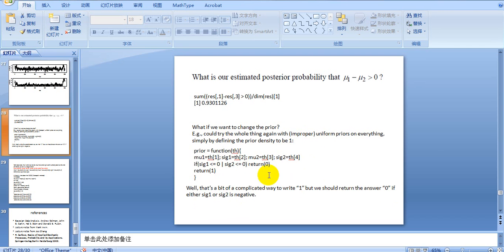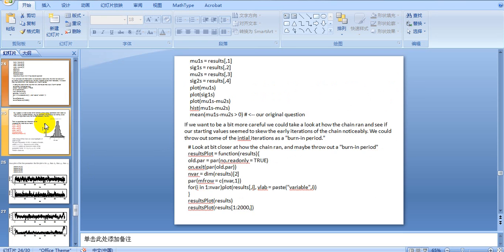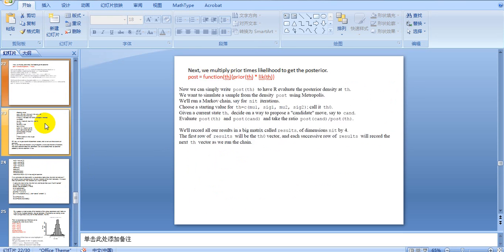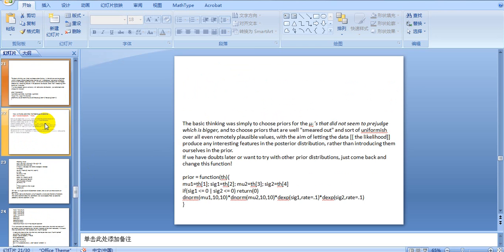Just use the famous distributions that we learned and see. I would suggest you change the prior parameters rather than make it improper. You can change those values. You can change 10 to 100 or 1000 or something like that, and see what's going on here.